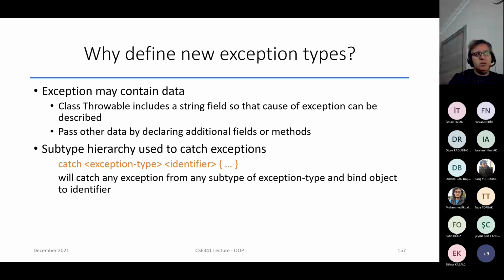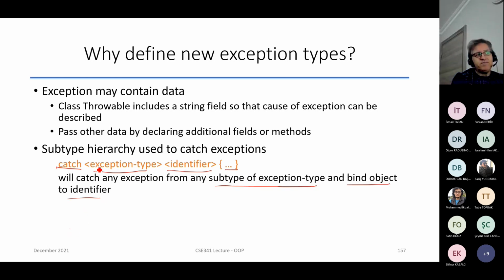So you have a catch expression: catch, the exception type, an identifier, and then the block. The exception type here is going to look at the subtyping relationship. It will catch any exception of any subtype of the exception type and bind the object to that identifier.